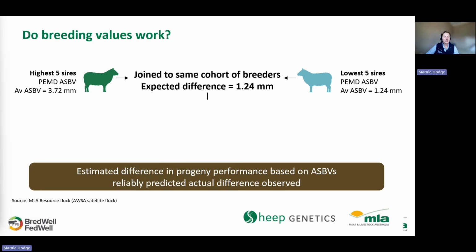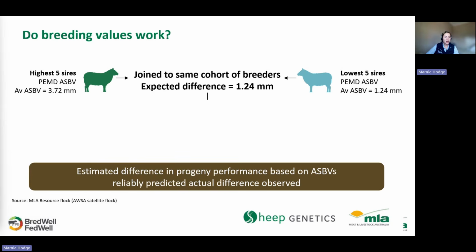There was a research trial that had 300 commercial merino ewes, and those ewes were joined to 15 White Suffolk sires. Before any progeny performance information was entered into the analysis or recorded, they pulled out the highest 5 performing sires and the lowest 5 performing sires based on their post-weaning eye muscle depth breeding values.